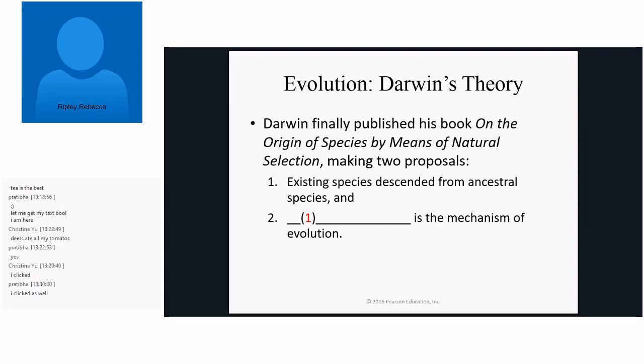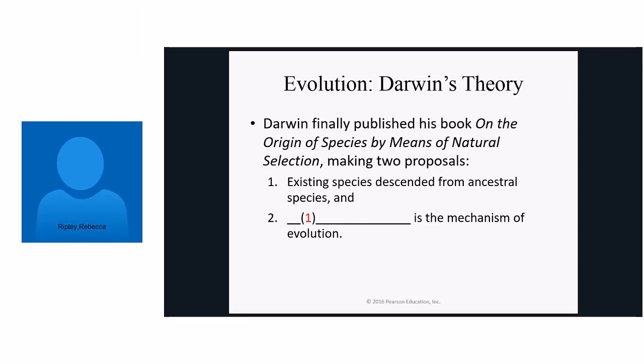So natural selection is the mechanism of evolution. That's actually how evolution happens. The way that is described is that individuals, say that turtle, for example, that can reach to higher branches, ones that have certain traits that they inherited are more likely to survive.